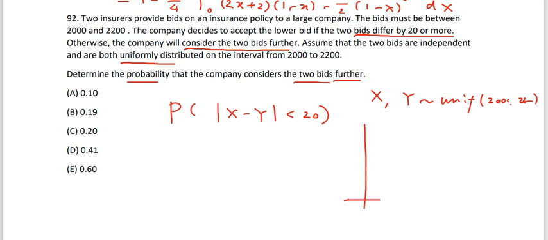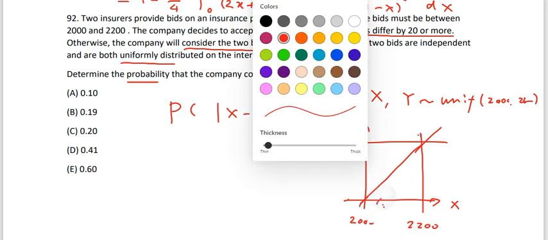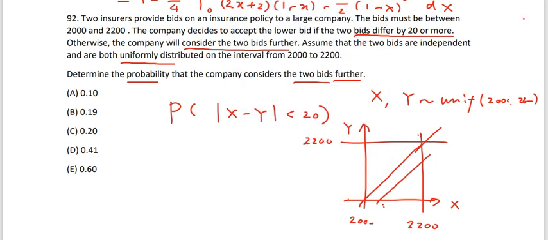So here we put this x and y. Here is 2,000, so x from 2,000 to 2,200, and y also from 2,000 to 2,200. So we want to find where x minus y is less than 20. This is x equal y, and this is where the difference is 20.